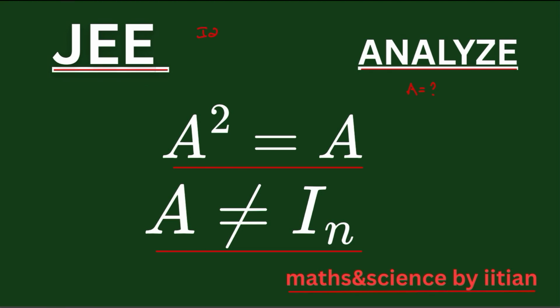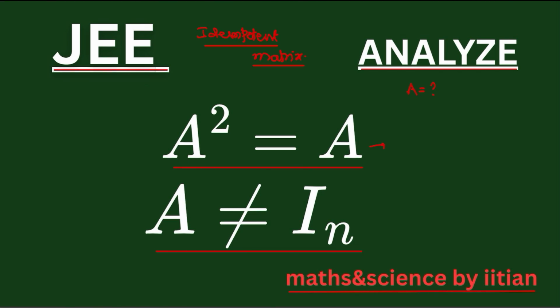This type of matrix is called an idempotent matrix, a very important matrix in data sciences and also in engineering applications and in computer science. A square is equal to A, provided A is not an identity matrix, A is not a unit matrix.